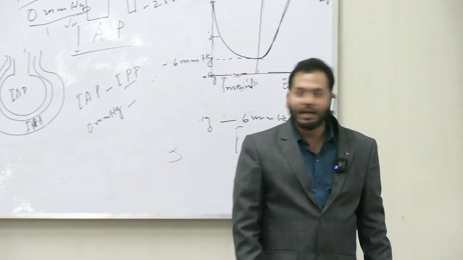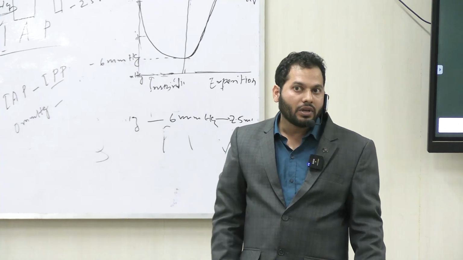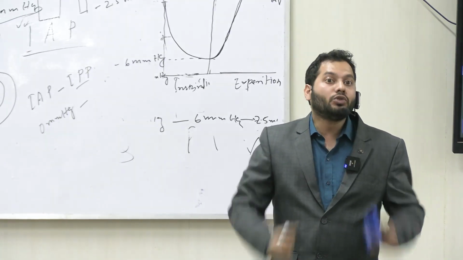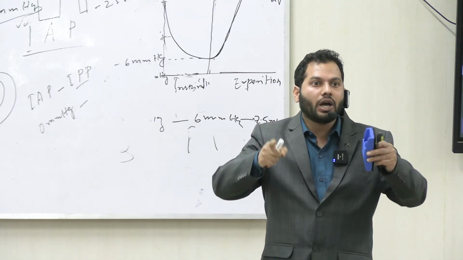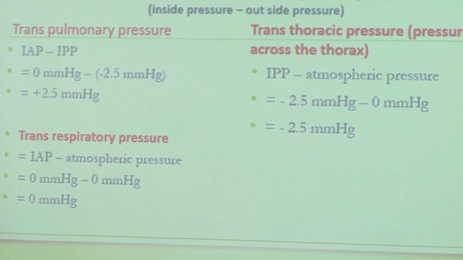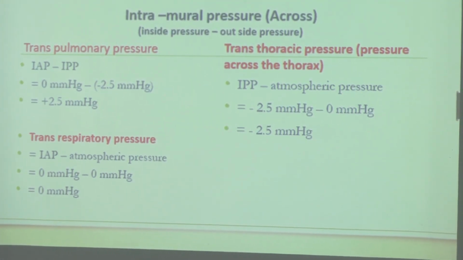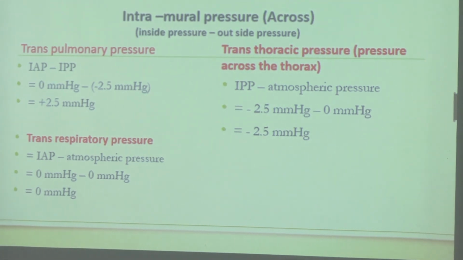Intrapleural pressure, as I mentioned, is minus 2.5, which is maintained due to the opposing forces of both the pleura, right? So what will be the transpulmonary pressure? It will be 2.5 mmHg.